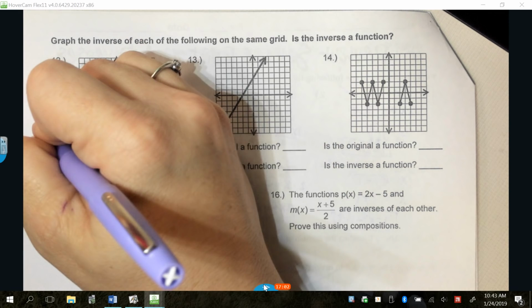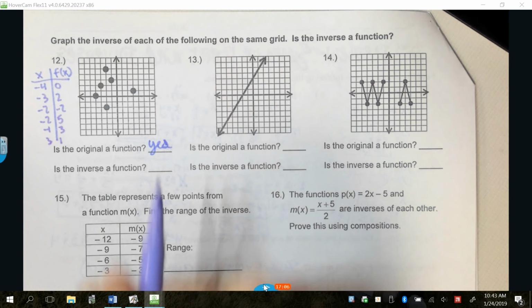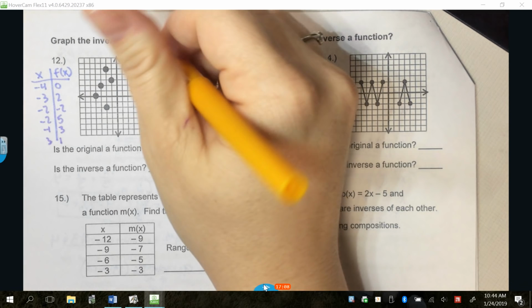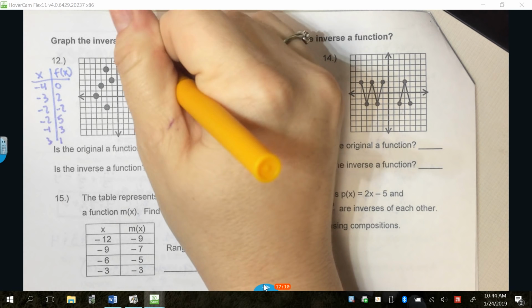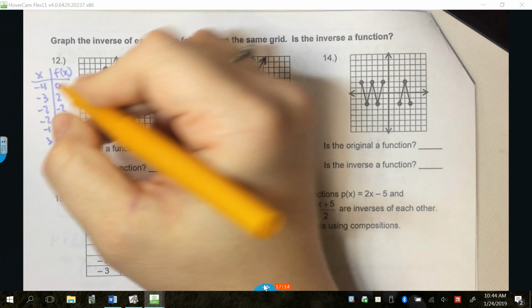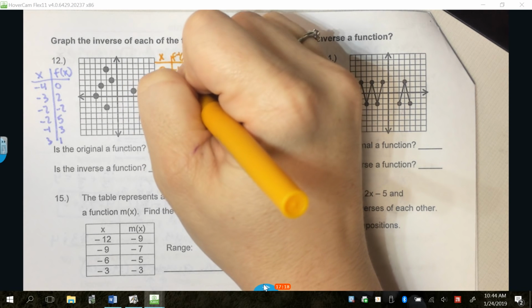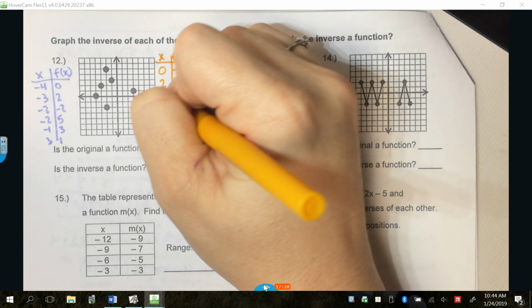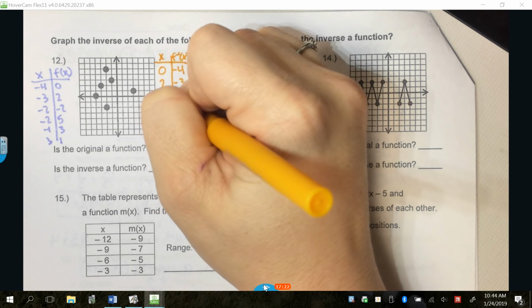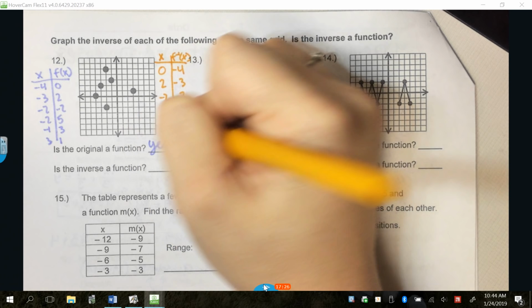Negative 1, 3. And 3, 1. So my inverse would be that opposite. So 0, negative 4, 2, negative 3, negative 2, negative 2, 5, negative 2, 3, negative 1, and 1, 3. So let's plot those points.